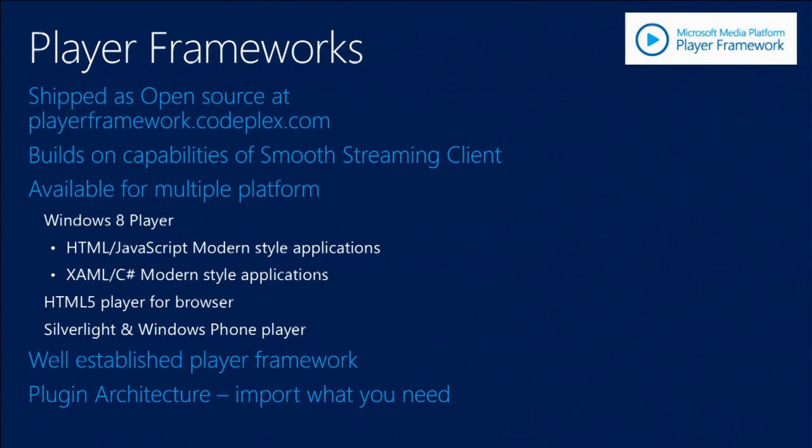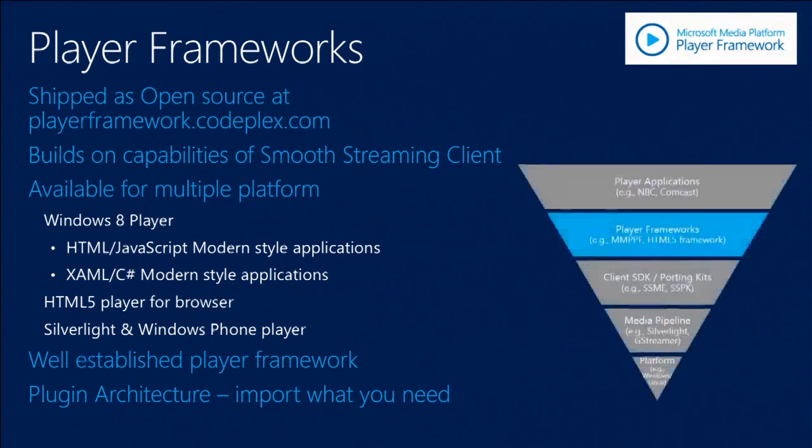But the good thing is that you are going to find the same kind of features in each version. It has also a plugin architecture, which means that people can insert new features as a plugin and provide that on the internet. For example, you could add some plugin to manage a new kind of advertising server. So the player framework is on top of the Smooth Streaming SDK, right? It's between your application and the pipeline.